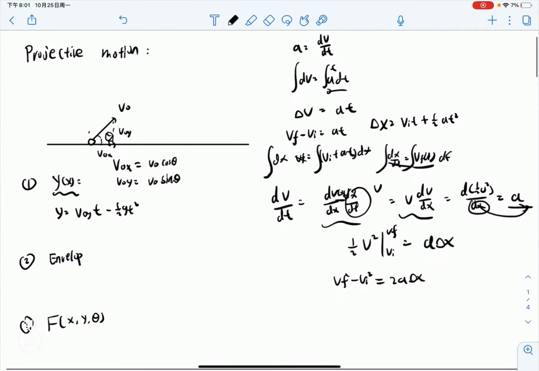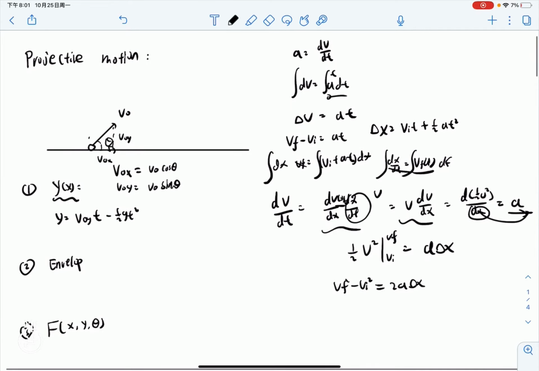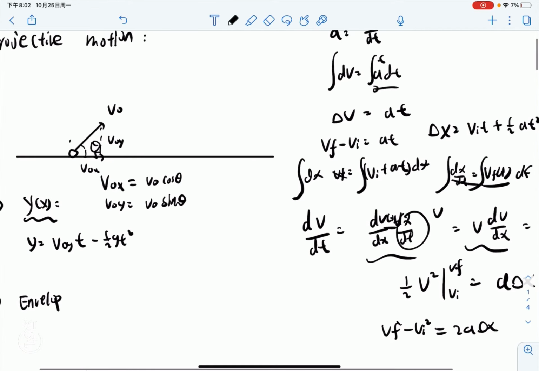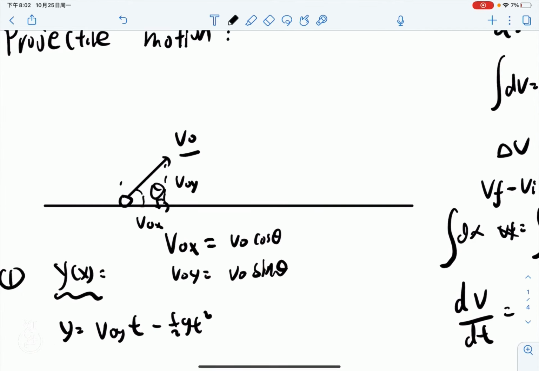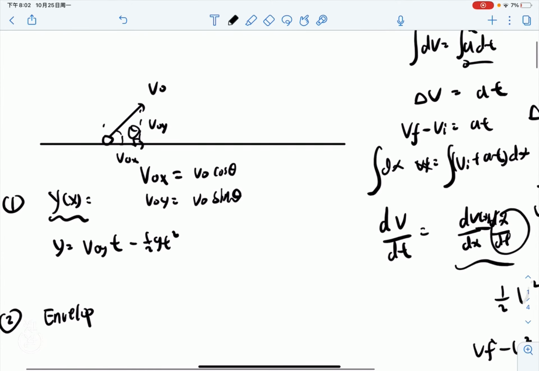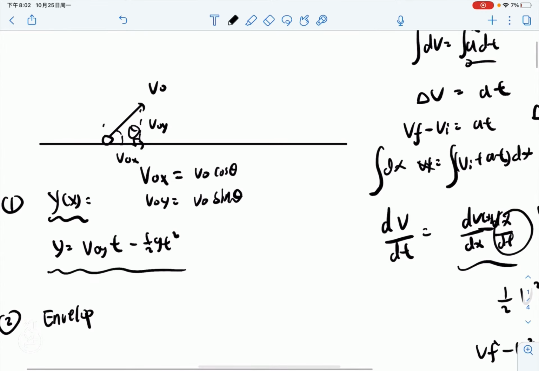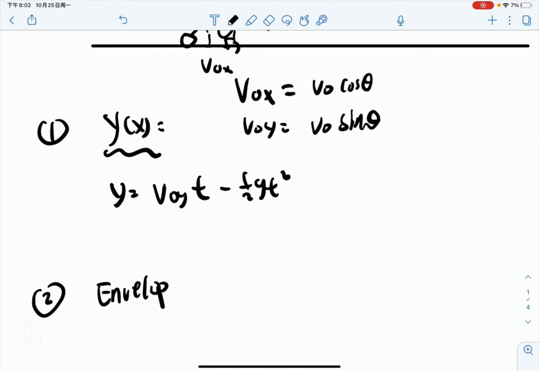I think that's basically it for this kind of stuff. And from the last video, we know that we can separate this v vector into its x component and its y component. Similarly, we can get the equation to be this, and for the y direction it is this, and for the x direction.